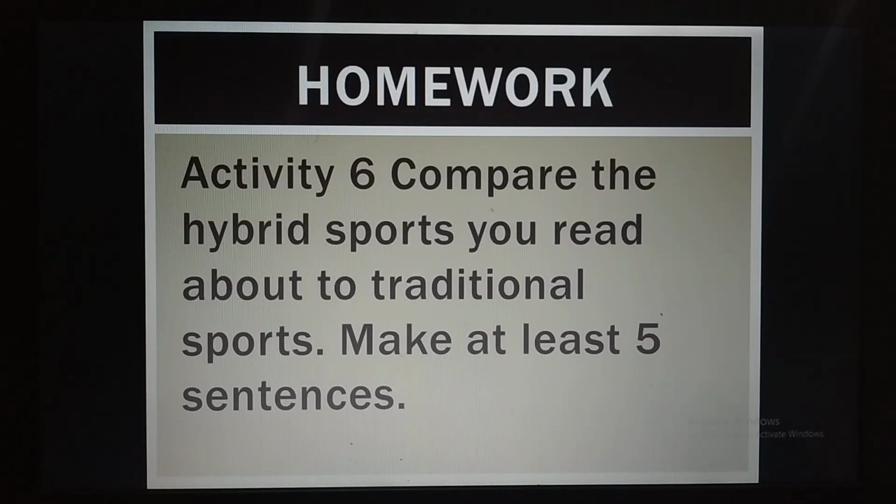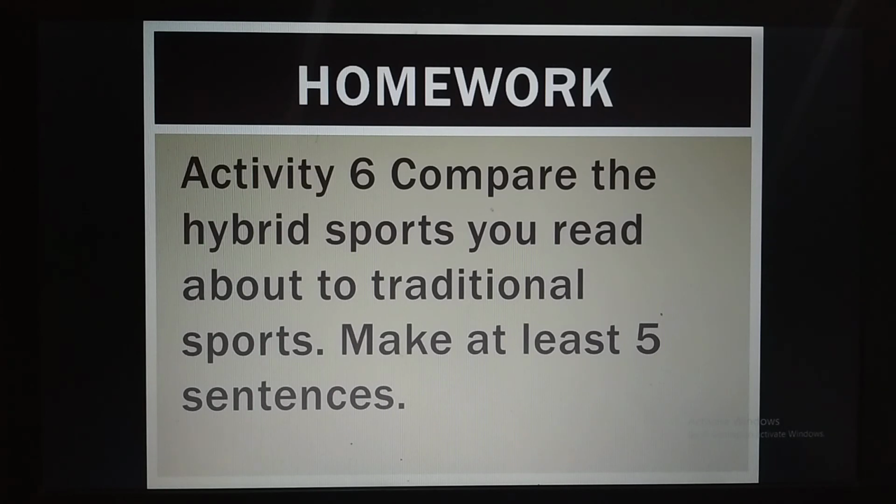So for your homework, in activity number 6, you have to compare the hybrid sports you read about to traditional sports. So make at least 5 sentences. Hybrid sports are those sports that people just created out of traditional sports or original sports.